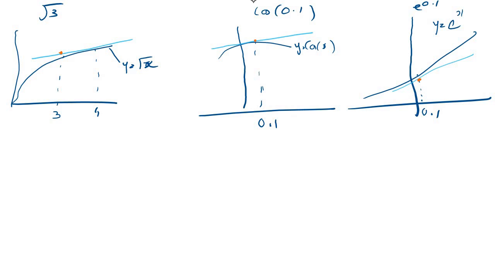And here, this is cos x. We knew the value of cos 0, that's when x equals 0. We drew a tangent at x equals 0.